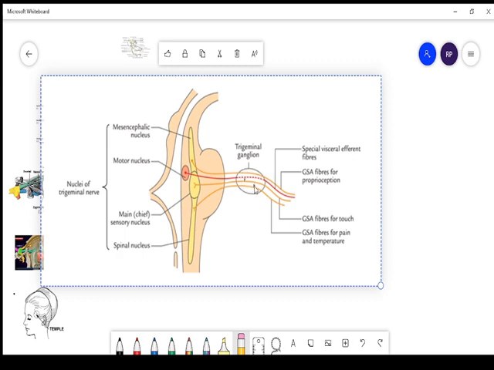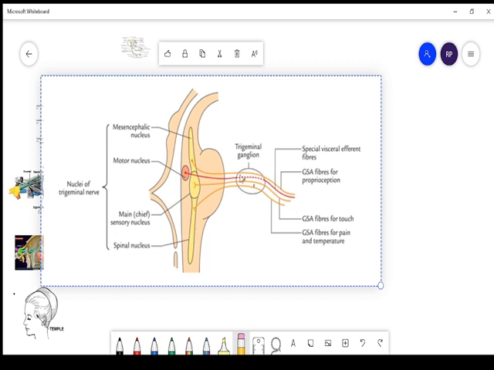What is a ganglion? A ganglion is a collection of neuron cell bodies outside the central nervous system. Before explaining the trigeminal nerve, one thing I will say: sensory nerve fibers bring sensation from the peripheral part to the central nervous system, but motor fibers send the stimulus from the central nervous system to the periphery.